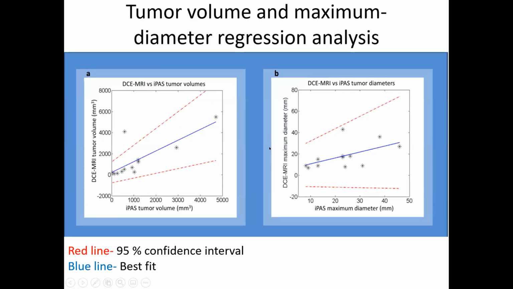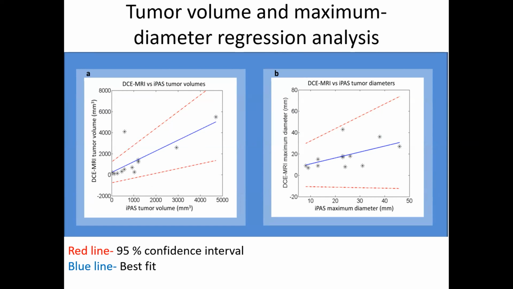Evaluating the breast volumes and also the breast tumor diameters shows a significant difference between those 2 assessments in comparison to MRI. Specifically, this chart shows, for instance, on the left, the volume correlation along with the regression analysis and the 95% confidence intervals.